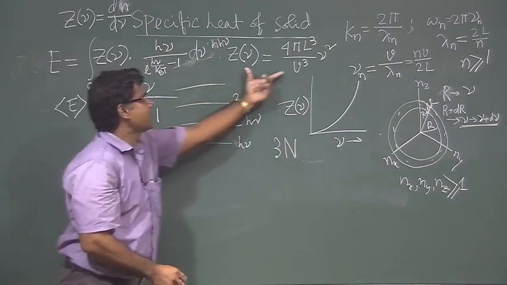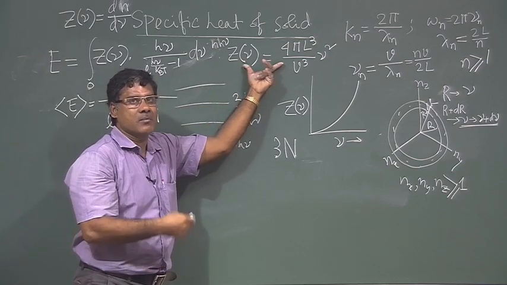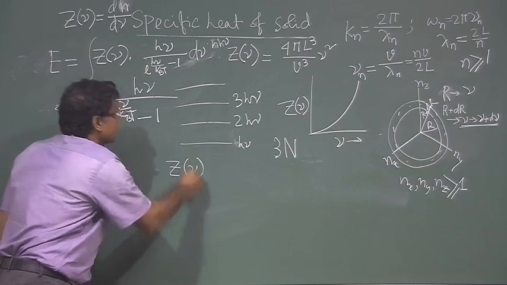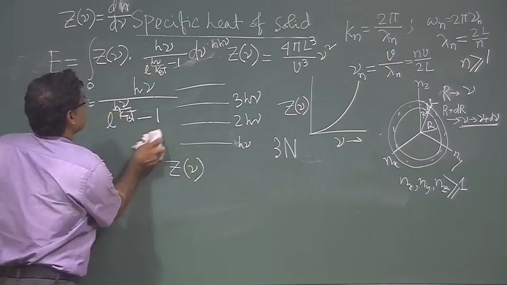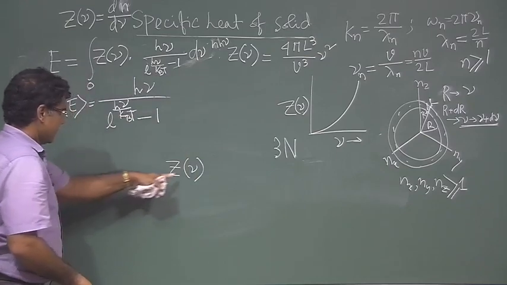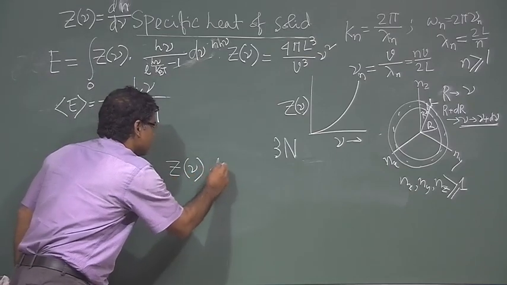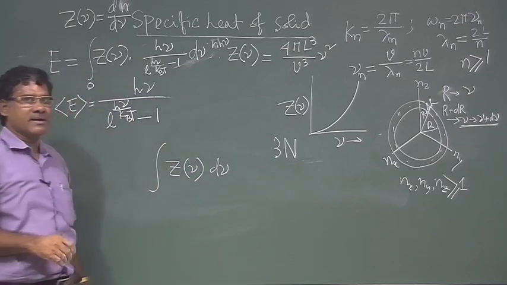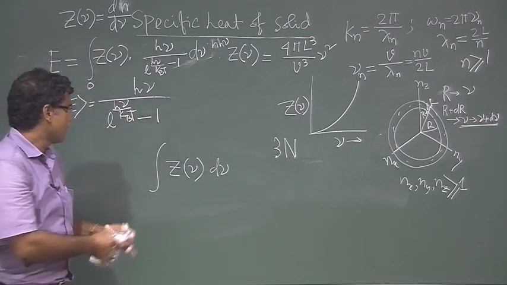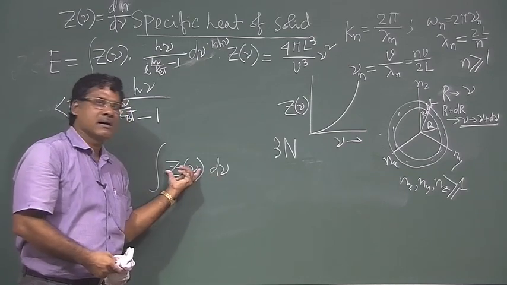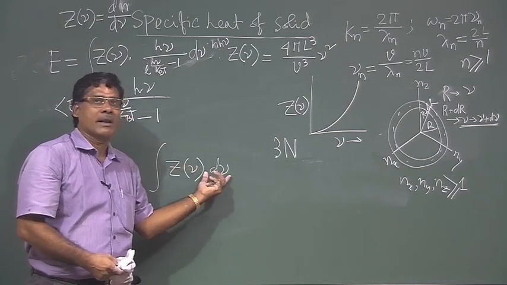So basically this is the density of states, density of modes. So density of modes is this. Okay. So now d nu. If I integrate over nu, I will get the total number of modes.